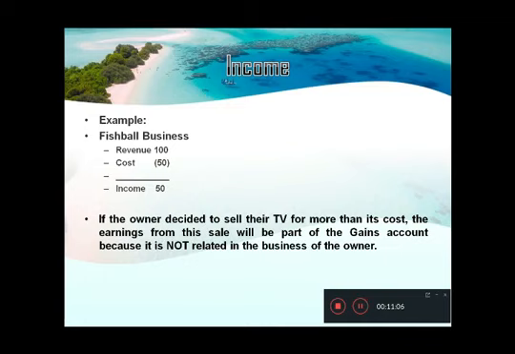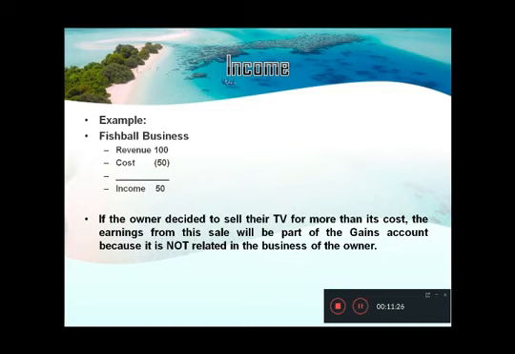So malinaw naman po, kung magsisell tayo ng isang bagay or goods na hindi naman related sa business natin, tapos nagkaroon tayo ng earnings dito, mapupunta po siya sa gains account kasi hindi siya related sa business natin kasi ito po ay fishbowl.